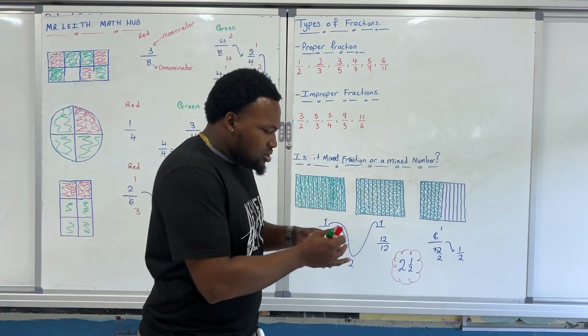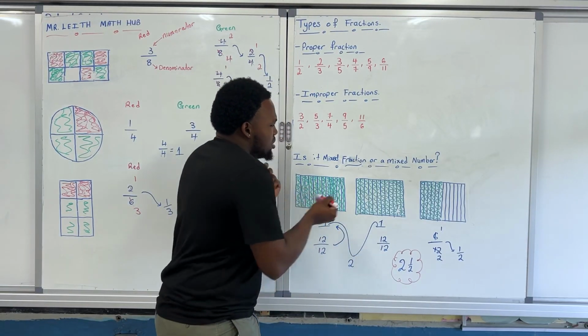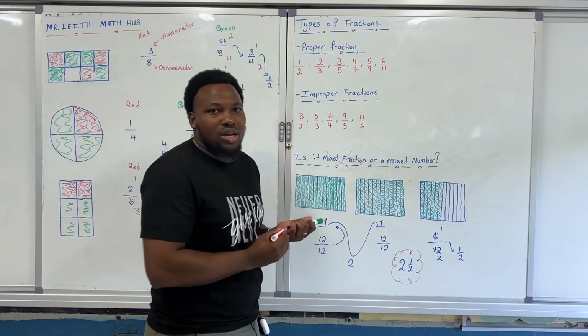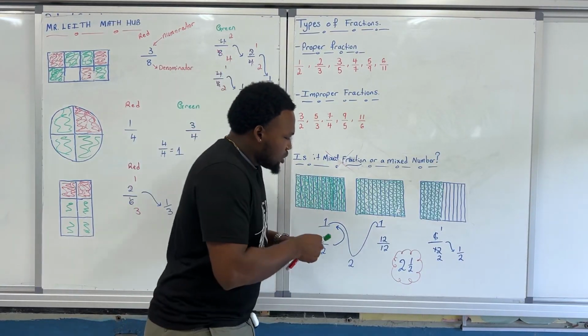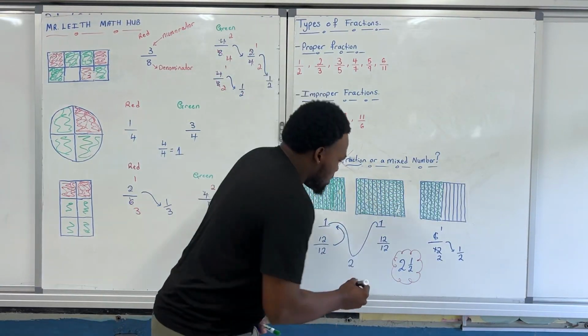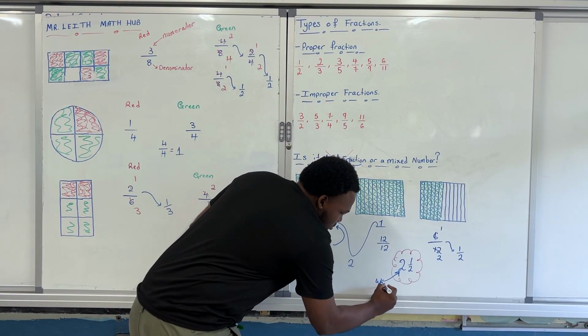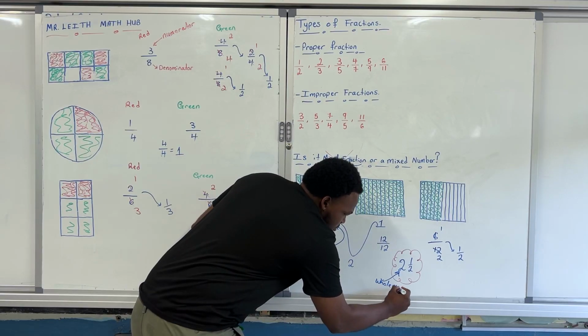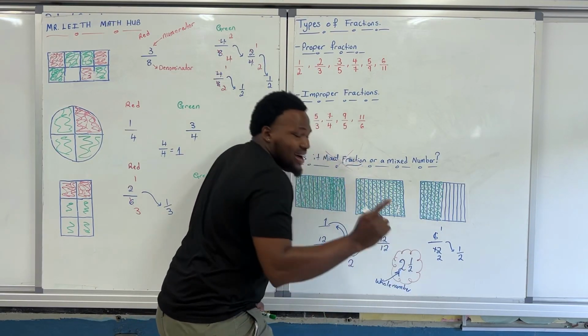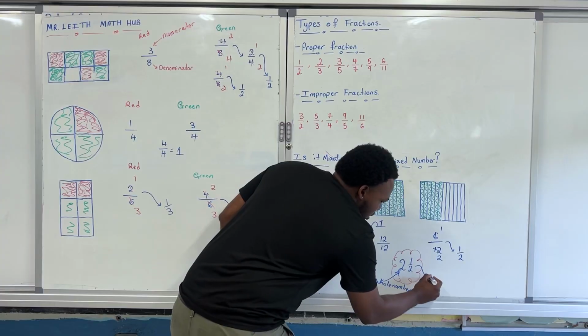So this is not a mixed fraction. What is it? It's a mixed number. Why? A mixed number consists of a whole number and a proper fraction.